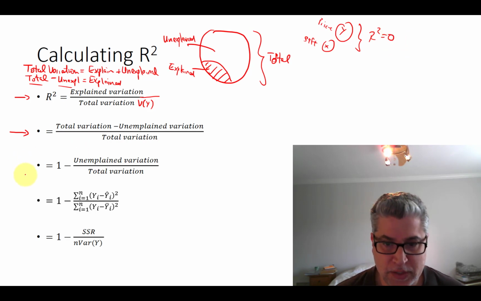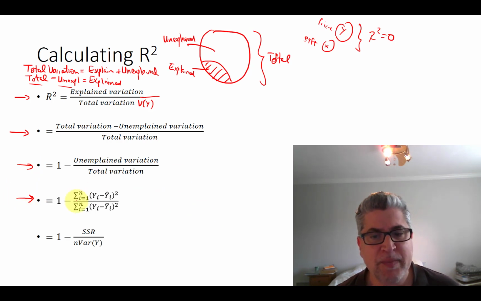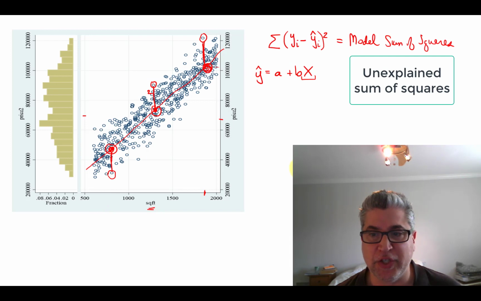Okay, so we've done this. Let's go just one step even deeper than that. What do we mean by the unexplained variation? Let's go back a slide or two. The unexplained variation was these guys.